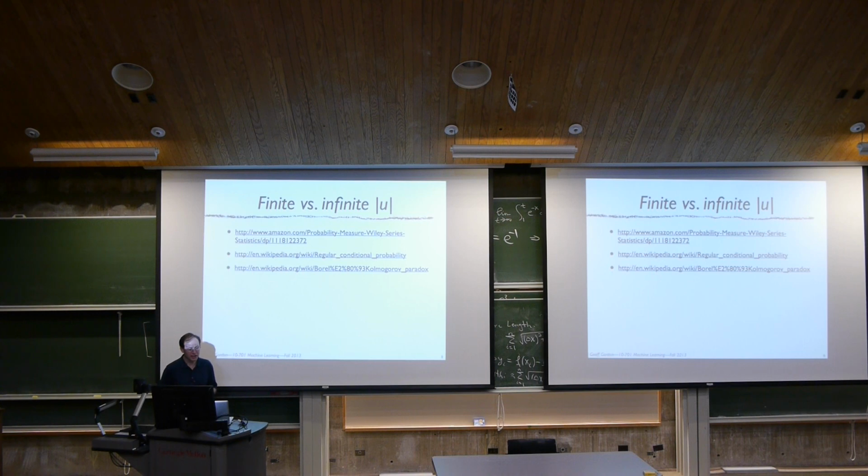So if you have an infinite universe, you can have a mutually exclusive and exhaustive partition with infinitely many elements in it, right? And you could ask, what are the probabilities of all of the elements in that partition? Well, suppose that they were all bigger than epsilon.